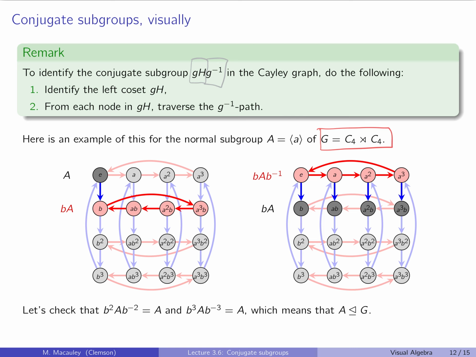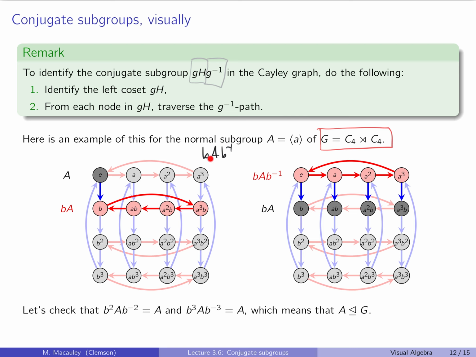Let's do an example. So again, this is a Cayley graph of C4 semi-direct product C4. We secretly know in advance that this first subgroup is normal. That's A, and the second one is not. But let's pretend we don't know that and go exploring. So A is a subgroup generated by little a, so it's these four elements. And let's compute B A B inverse.